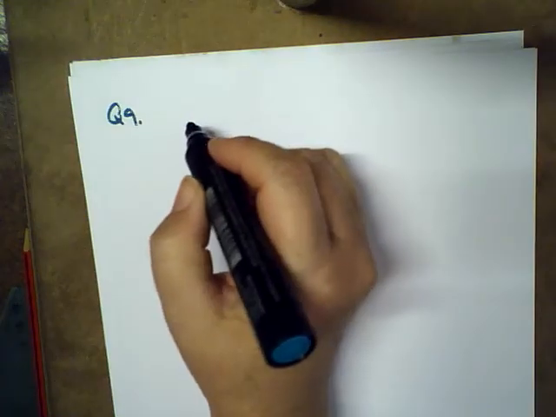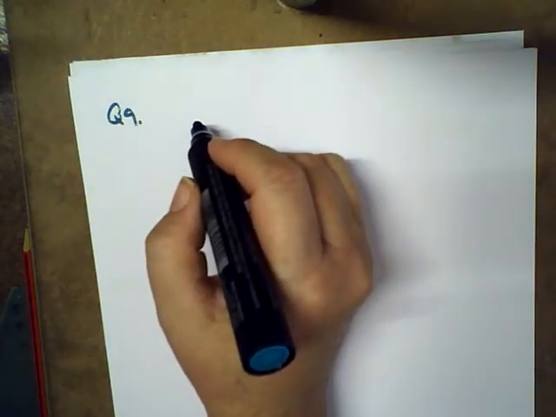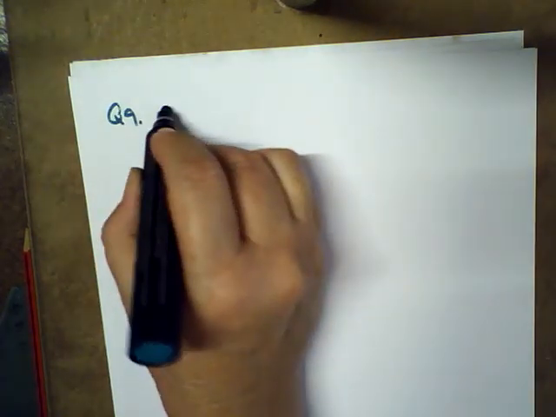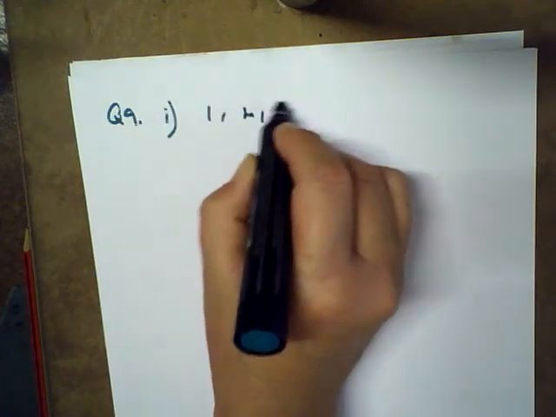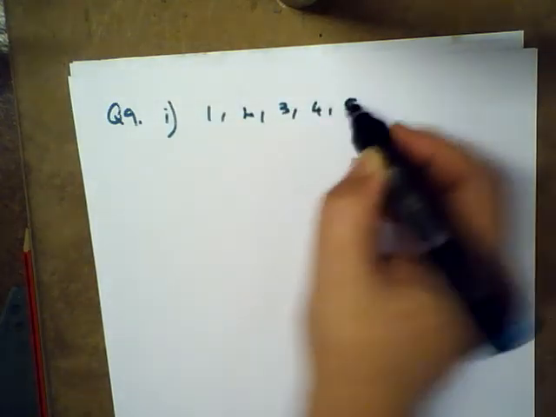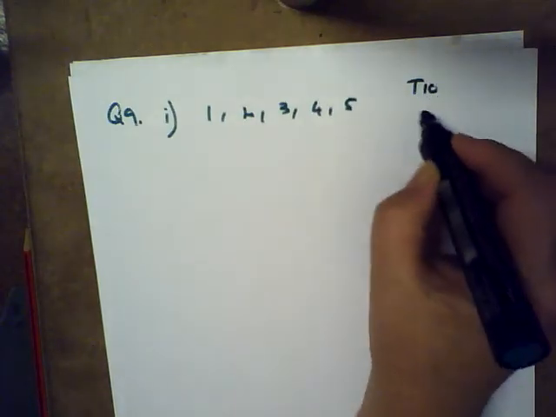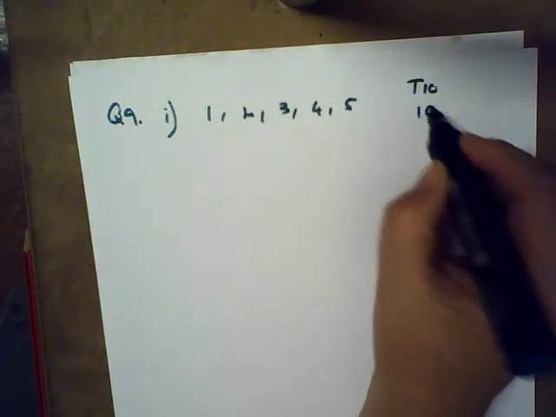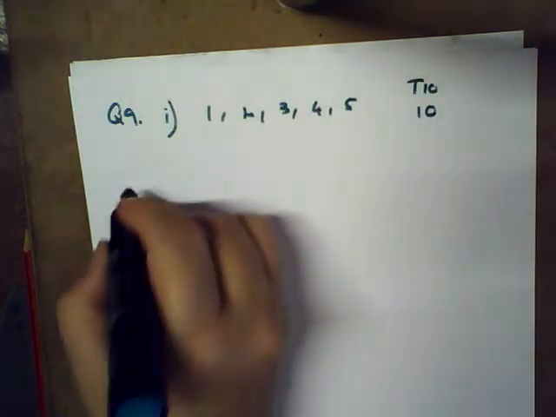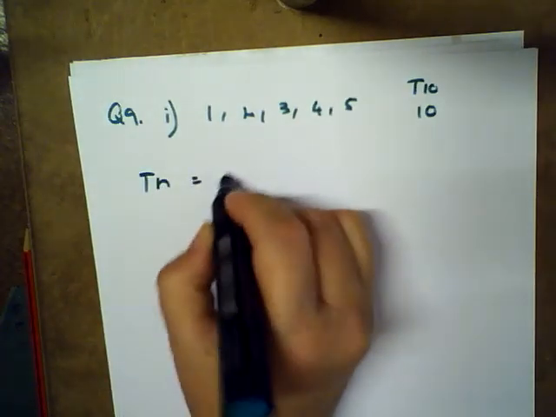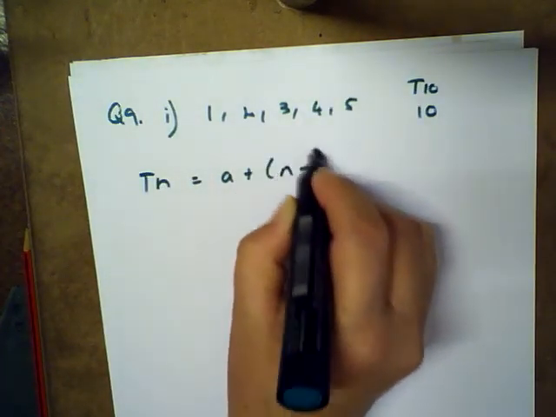Question 9. Write down the 10th term of the following sequence. So we have 1, 2, 3, 4, 5, and I can say term 10 would be 10. And the nth term, Tn equals a plus n minus 1 times d.